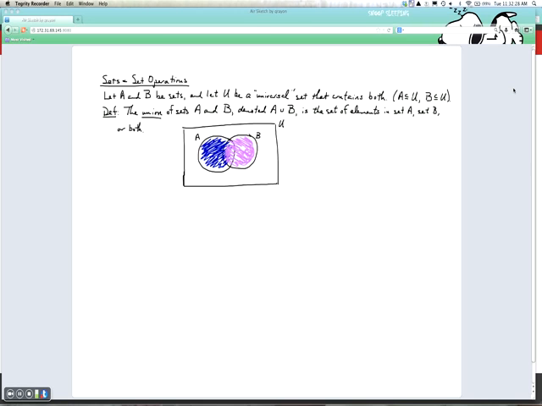So that stuff in the middle is actually in both. So the whole thing then is the intersection. I'm sorry, the union of two.